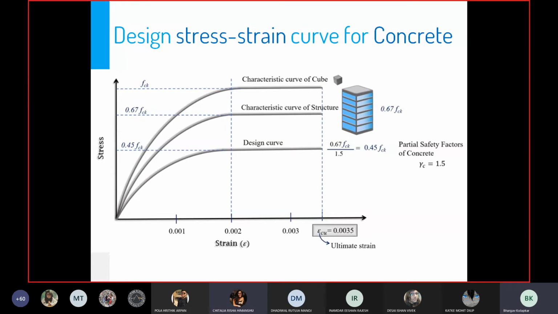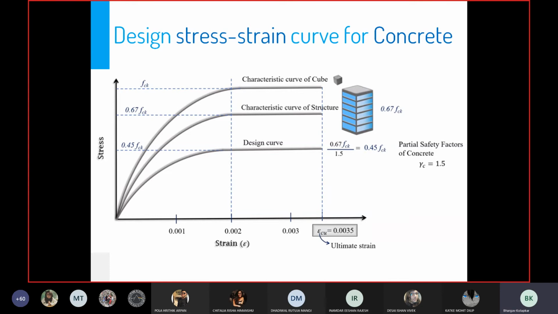The third thing is, while testing a concrete cube, the loading is short term, meaning that the test is over in a couple of minutes. In an actual structure, the loading is very long term, and you don't load the structure immediately. First, you construct the structure, and then slowly you put all the superimposed dead load. Then slowly you start putting live load.